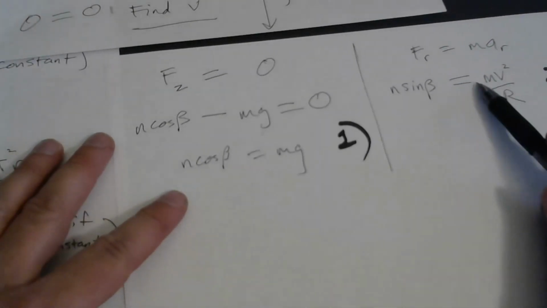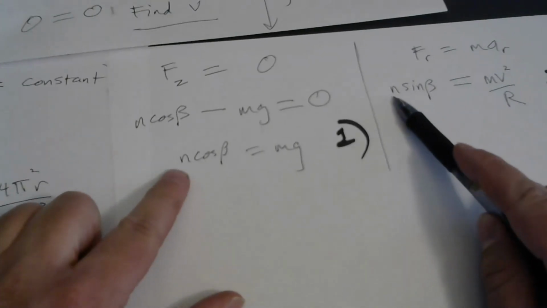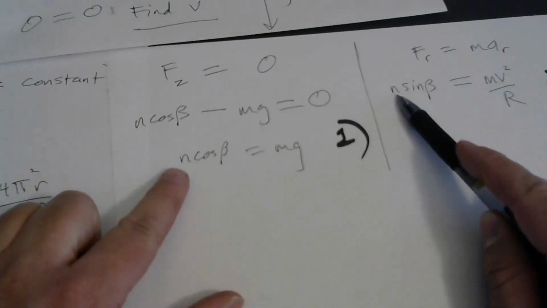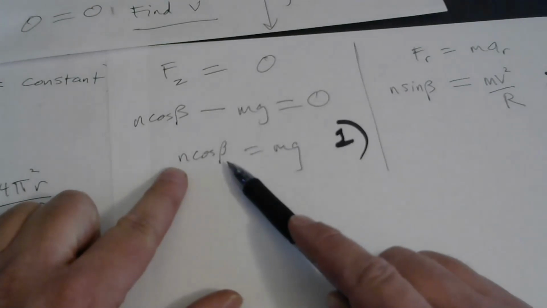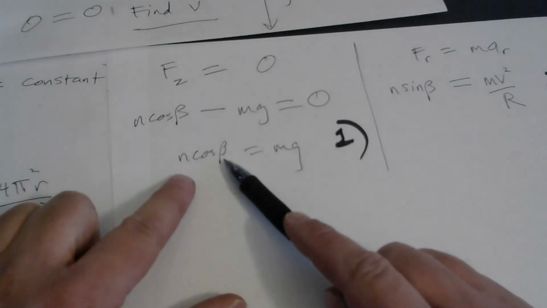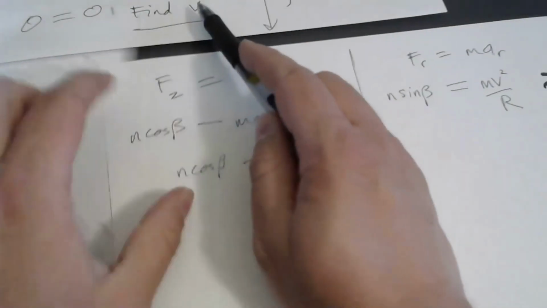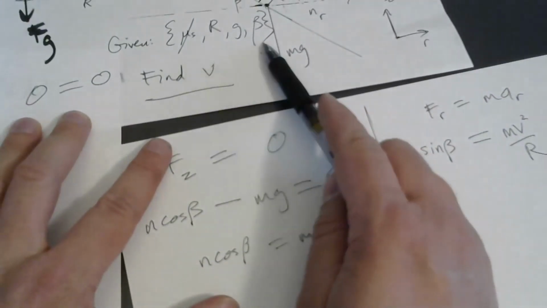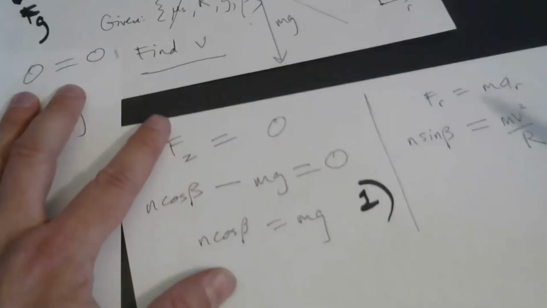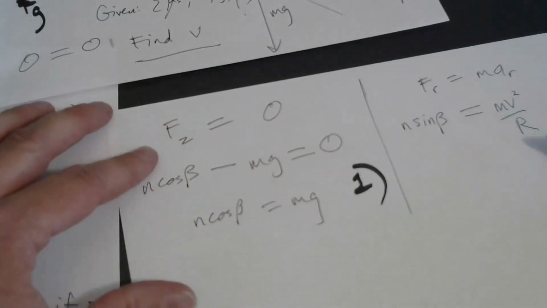Come on. Okay, we have 2 equations. They both have this unknown normal force. They both have the known bank angle, beta. We don't know m. I didn't actually state m, but I think we're going to find that m divides out anyway, so we don't need it. Let's solve this for v.